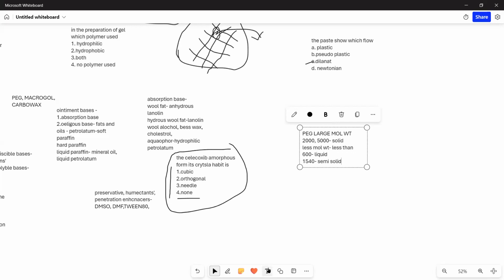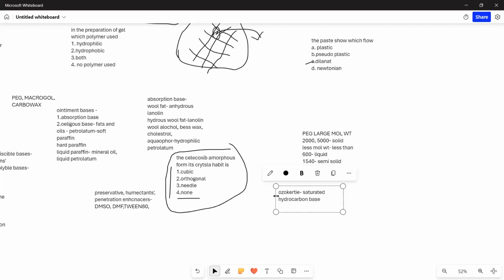Some important extra points I have to tell you. Ozokerite is nothing but a saturated hydrocarbon base. Another one is ceresin, which is a combination of ozokerite plus paraffin wax.